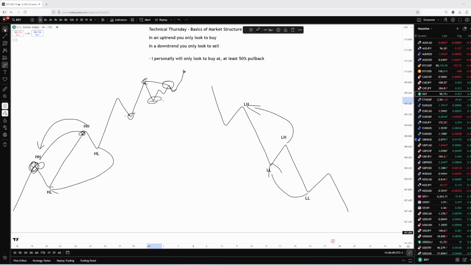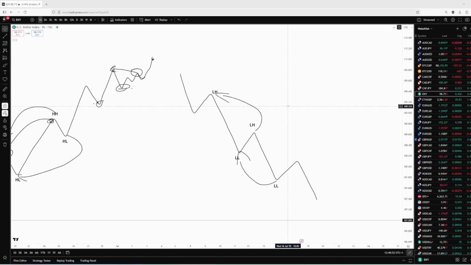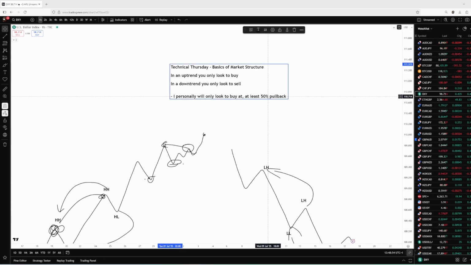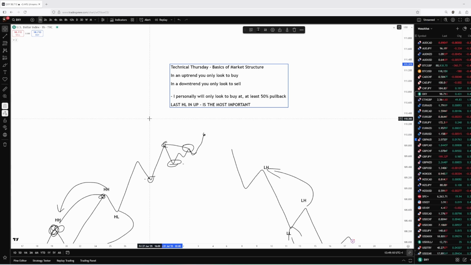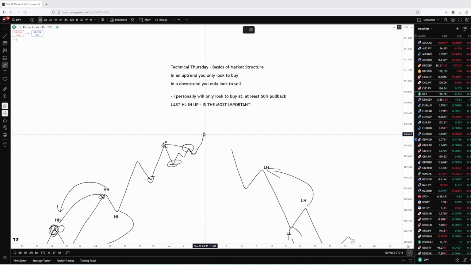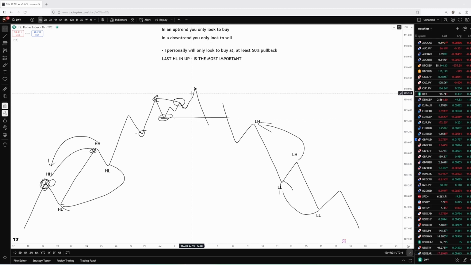And it's important to note that the last higher low, or last lower high in a downtrend, but we're looking at an uptrend in this example, so the last higher low in an uptrend is the most important, because why? A breaker structure only occurs when the higher low is breached. So the higher low is then broken. Now this is starting to show a breaker structure, which we'll get into in just a moment.